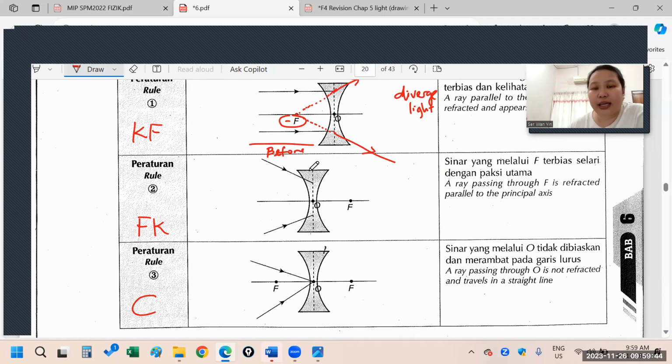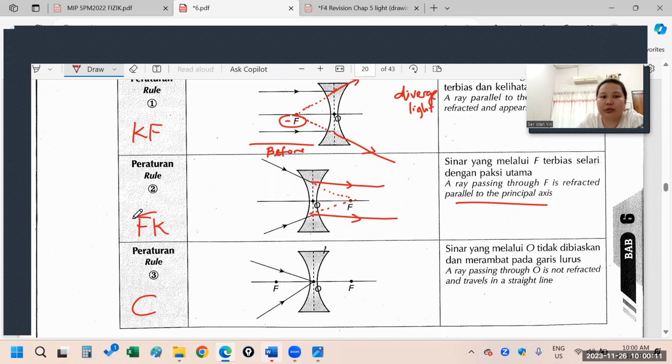Okay, now fk, you can see f goes through f, so k is parallel to the principal axis. When it goes through f, after that, it will go parallel. So always remember kf, fk, c.